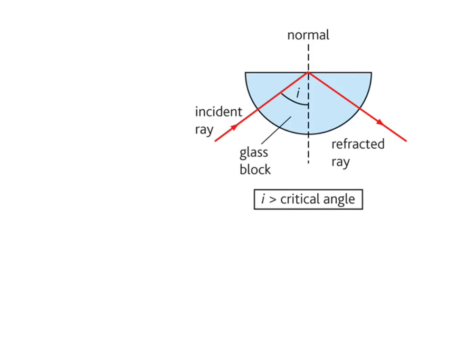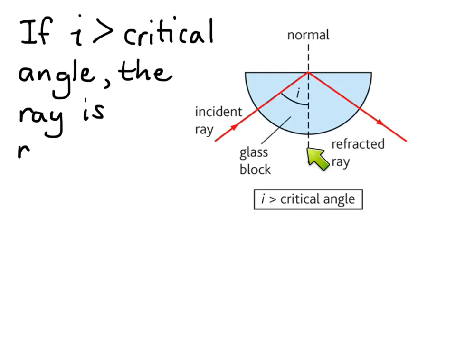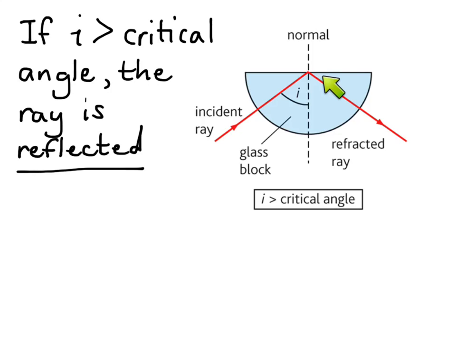Now if you carry on increasing the angle of incidence here beyond the critical angle, then instead of coming out of the back of the block in this case, it is reflected back inside the block.